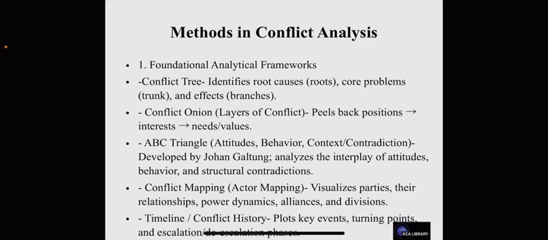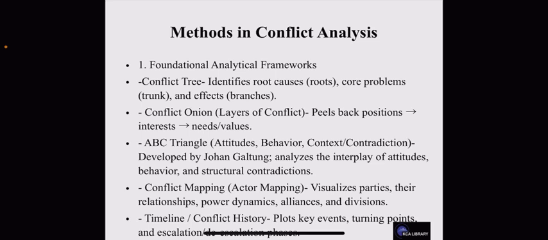This ABC triangle was developed by Johan Galtung, and it says the analyzer should analyze the interplay of attitudes, behavior, and structural contradiction. The fourth one is conflict mapping. That is actor mapping, of those that are involved.